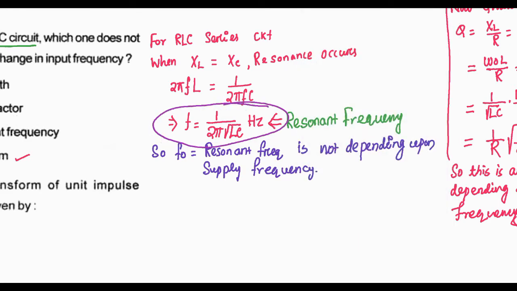That means the resonant frequency, 1 by 2 pi root over LC, depends only upon the capacitance and the inductance value, not upon the frequency.